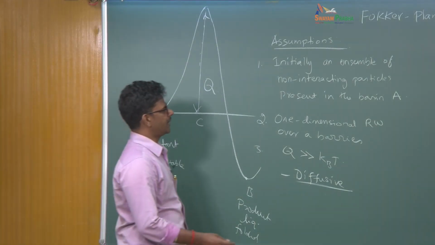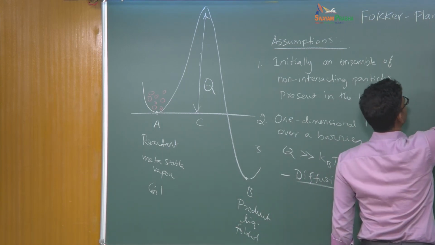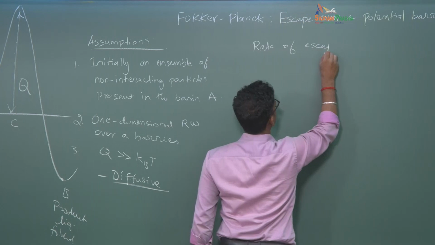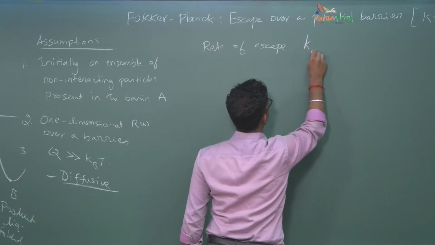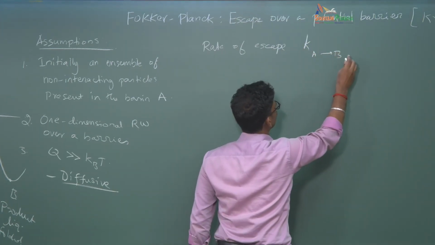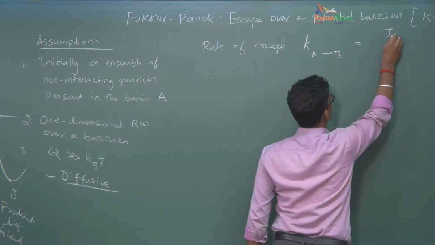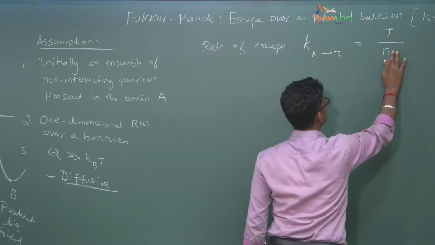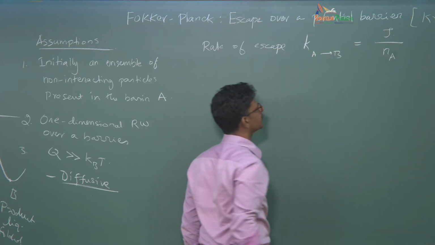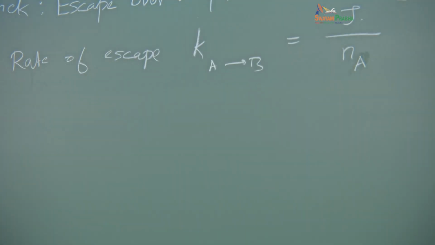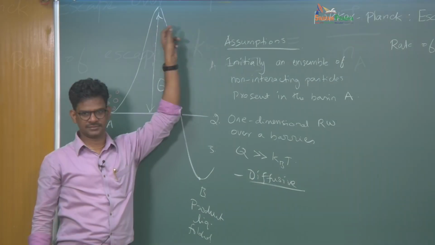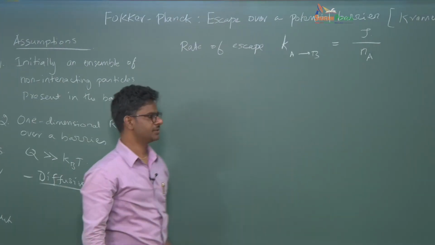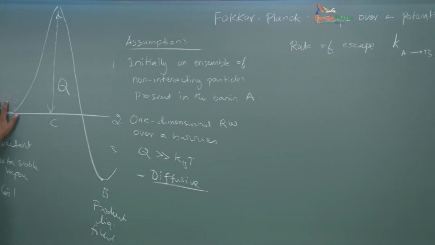So, the strategy to calculate the rate of escape K from A to B, we define as the flux J divided by the number density of molecules at A. So, J here is the flux of particles crossing this barrier, divided by the number density of particles starting from here.